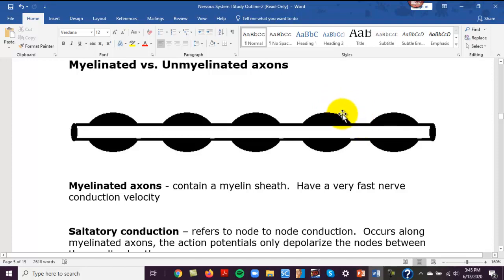And here's the thing, nerves will depolarize just like a muscle. Remember the plus and the minus, the sodium rushing in, the potassium rushing out. Nerves do the same thing. So when a signal is traveling and it only hits these areas, that's a small area to depolarize, it speeds up how fast it can travel down the axon.